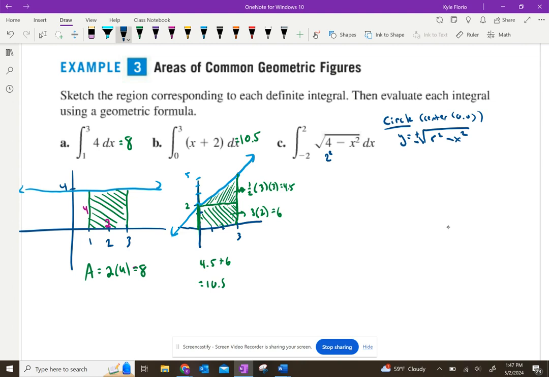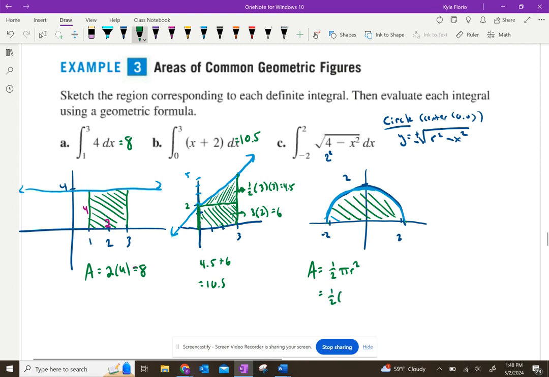So if I were to sketch that, it's centered at the origin with a radius of 2. So here is my semicircle. And all we're asked to do is find the area bounded by the region, x equals 2 and x equals 3. So the area is just going to be half of a circle, so that's half of pi r squared.